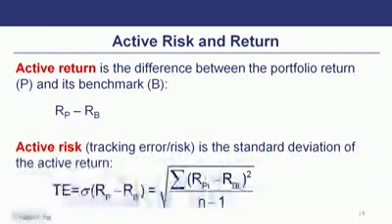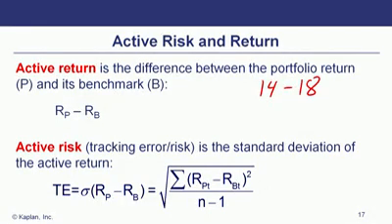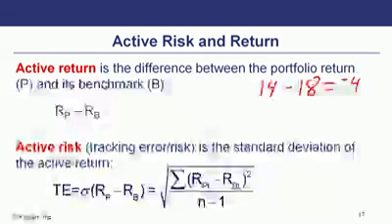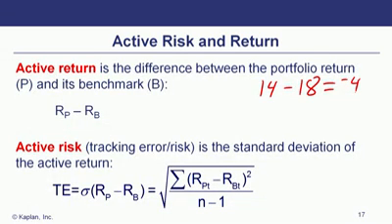Well, okay, so you earned 14%, right? But the market over the last 12 months has earned 18%. Well, what that would tell me is that you had an alpha of -4, assuming you were taking the same systematic risk, which we'll talk about later. But nonetheless, the active return is not the return on the portfolio or the excess return, which is the difference between the return on the portfolio and the risk-free rate, but it is the difference between what your portfolio earned over a particular period and what the benchmark earned.